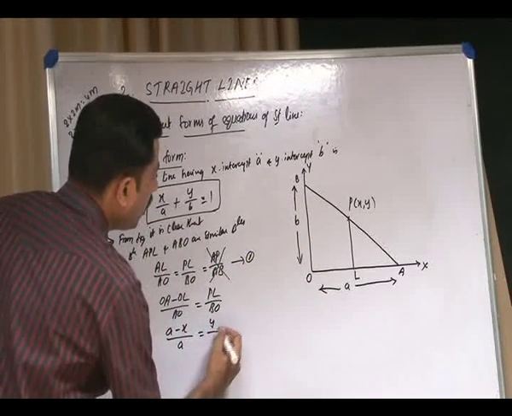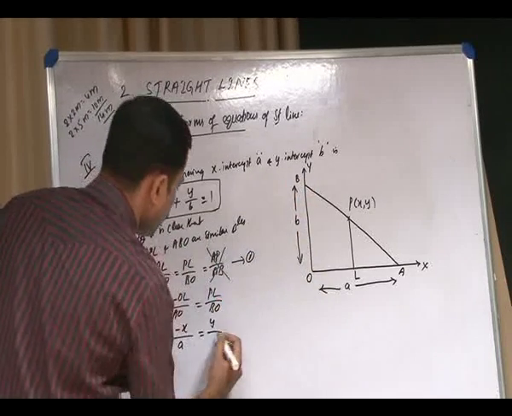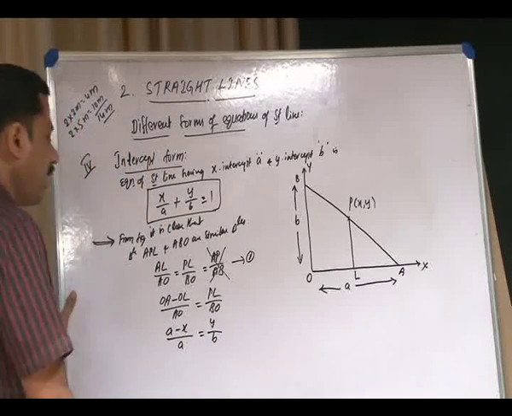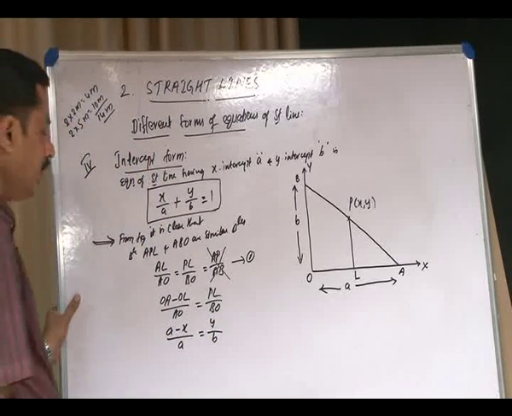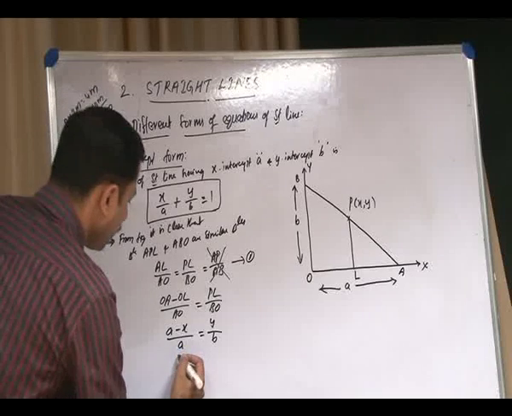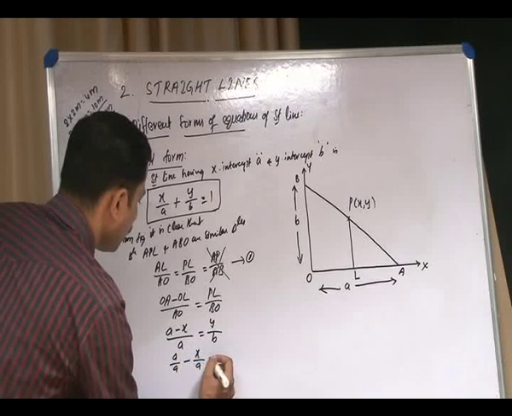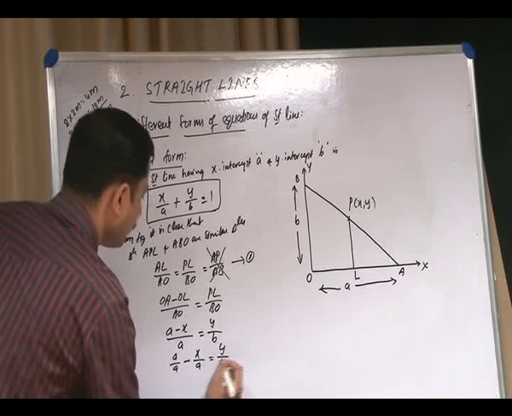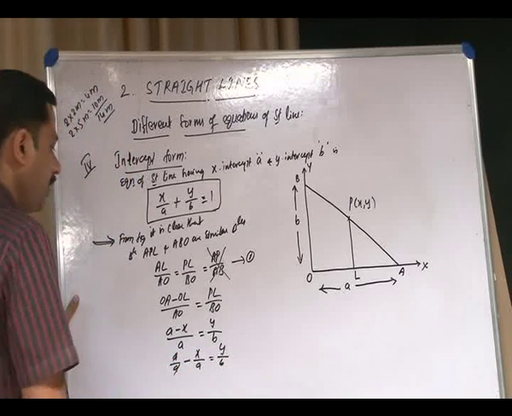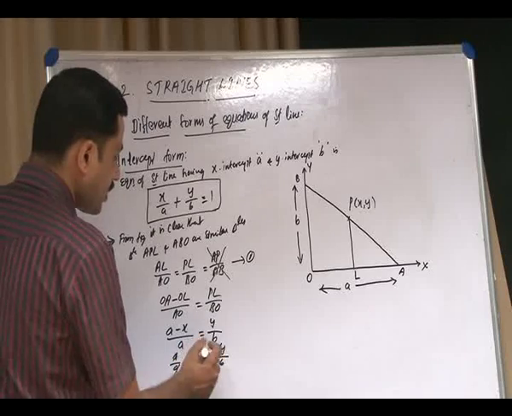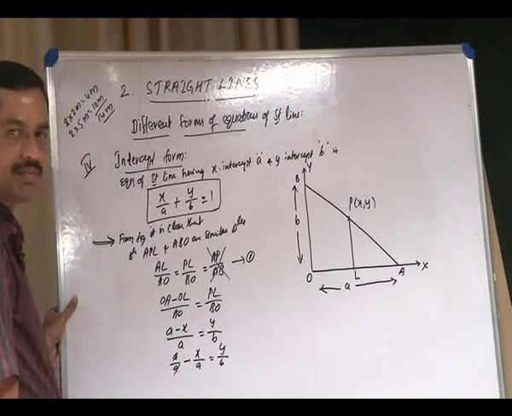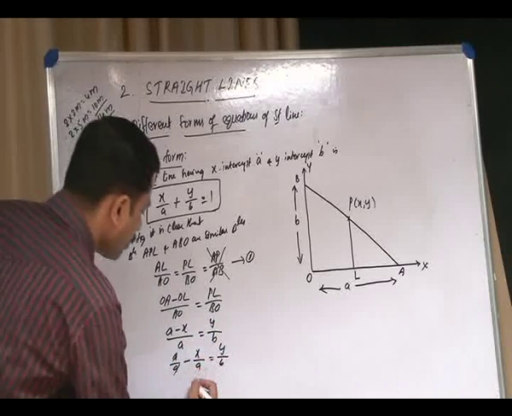the y intercept, that is taken as b here. So we get y divided by b. Now separating this and dividing by a, you can write this as a by a minus x by a is equal to y by b. Cancelling a and a you get 1 here, minus x by a, transfer to the right hand side, it becomes plus.